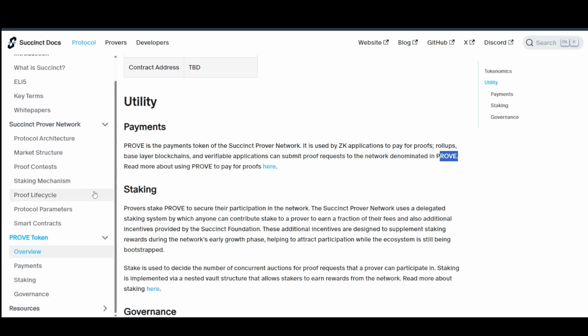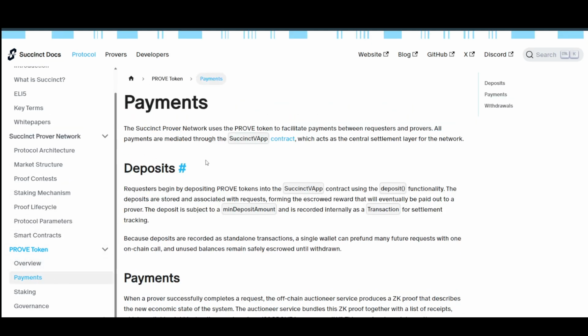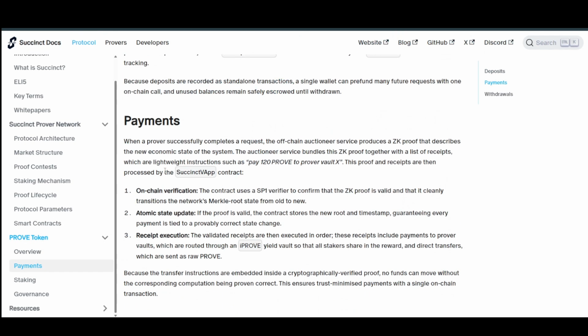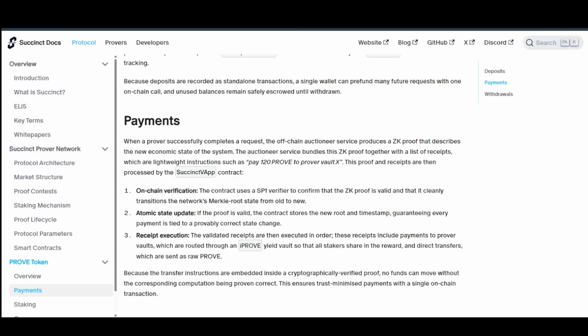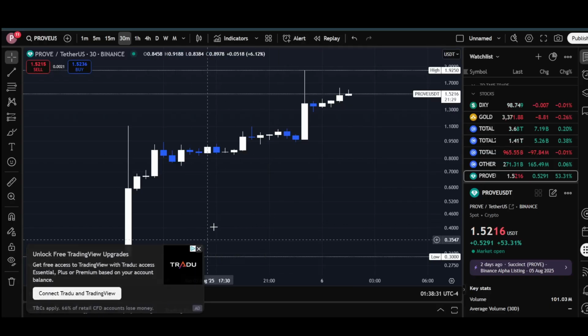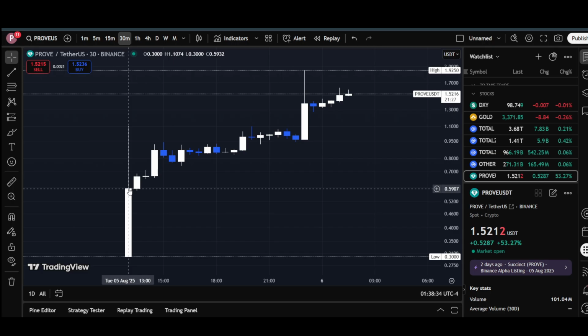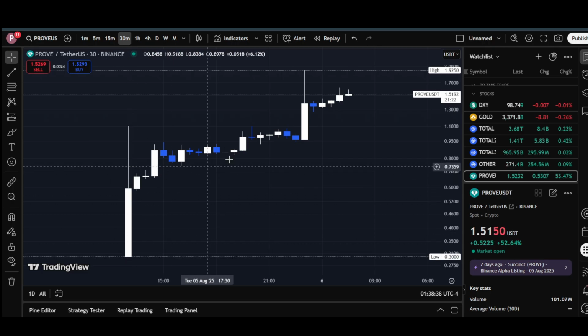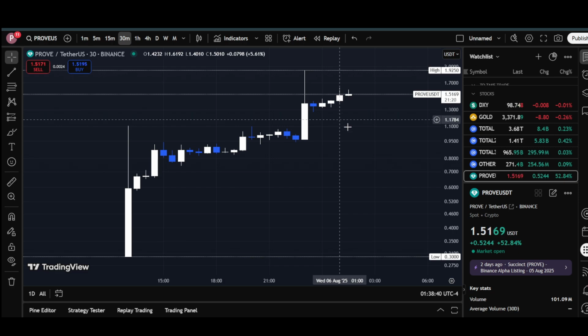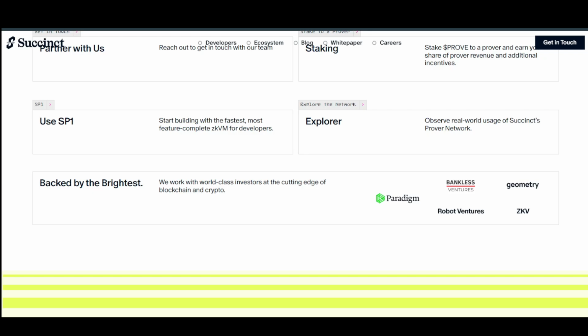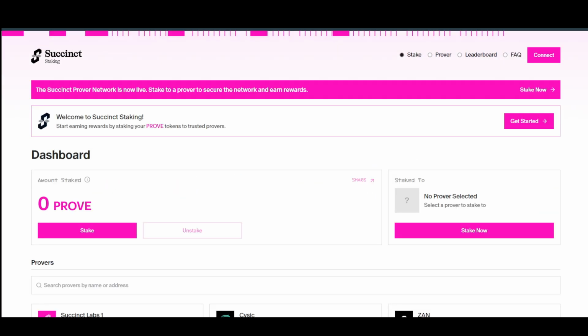So I would say that's a pretty good utility for the Proof in general. And overall, I think because of that, the token is doing really well at launch. As you can see, it launched at like 59 cents and it is up to 1.15. So I would say that's a pretty good price surge for the coin itself.